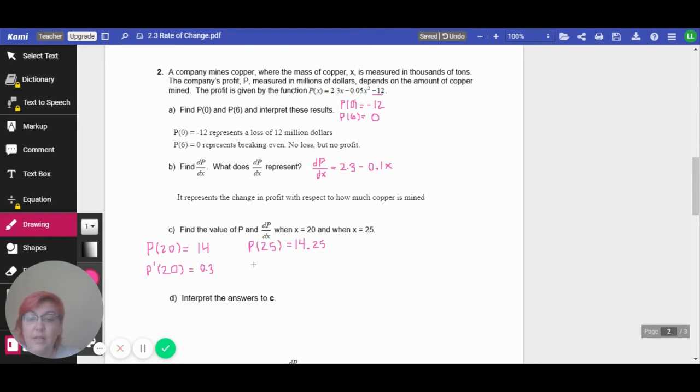Okay, now we need to find P prime of 25. Plugging that into my gradient function, 2.3 minus 0.1 times 25, and I get negative 0.2.